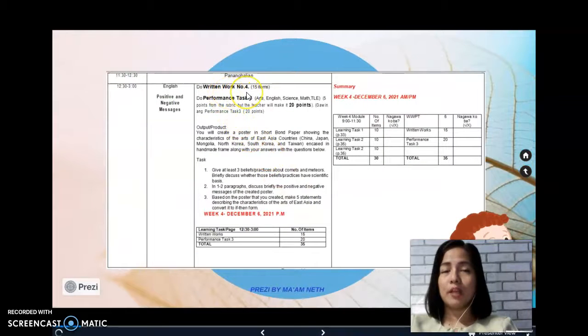Do written work number 4 for 15 items. Do performance task number 3 in harmonized subjects: arts, English, science, math, and theory, for 20 points. Your task is to create a poster.